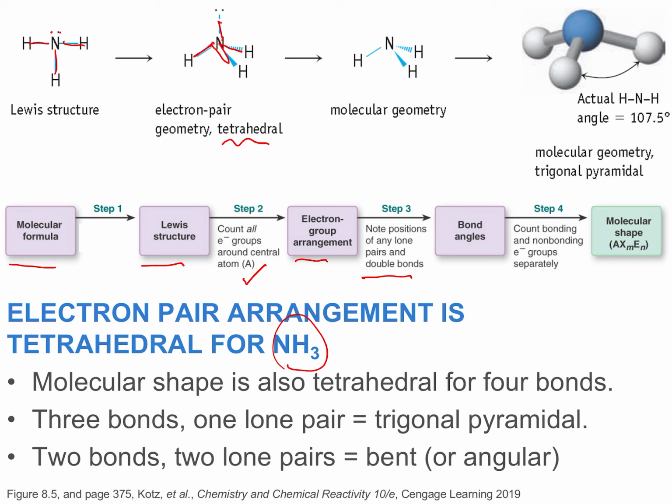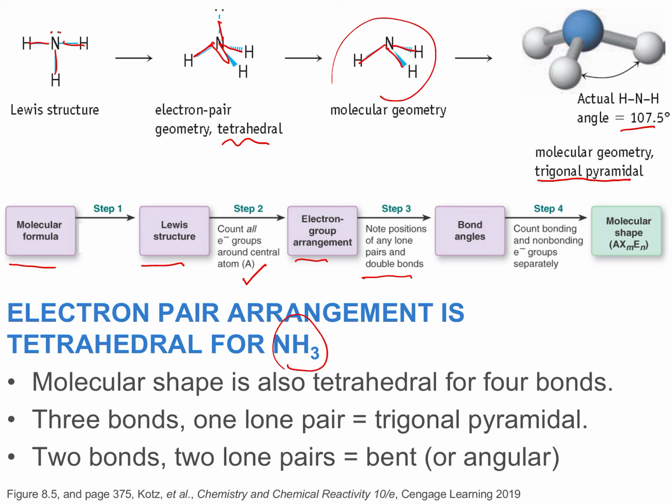But now we want to note the positions of lone pairs and double bonds. So we find that we have 1, 2, 3 bonds. So if we imagine that we can't see those electrons, then this molecular geometry or molecular shape is trigonal pyramidal. The bond angles aren't 109.5. They're more like 107.5.